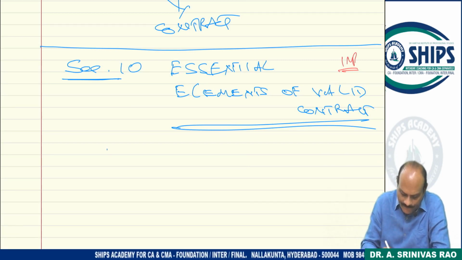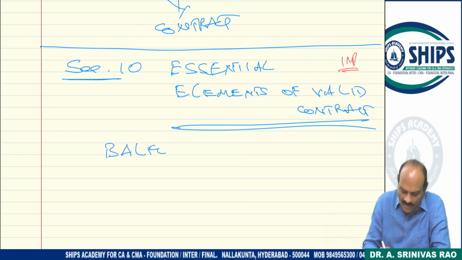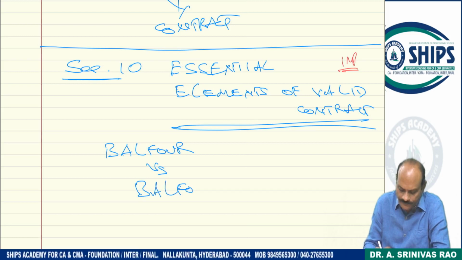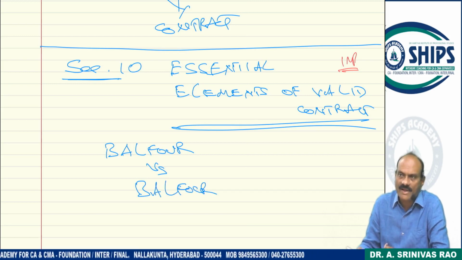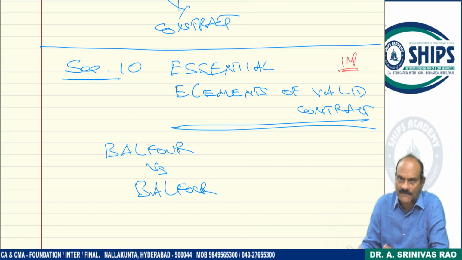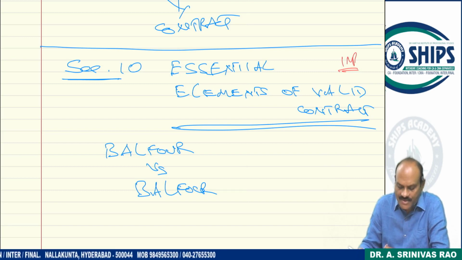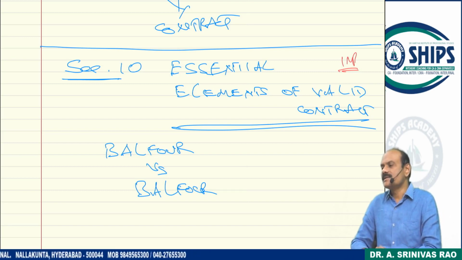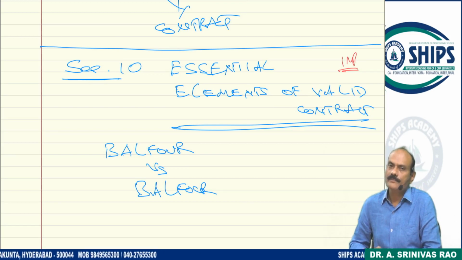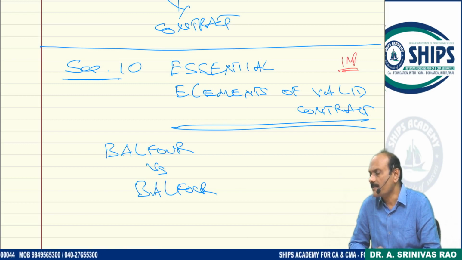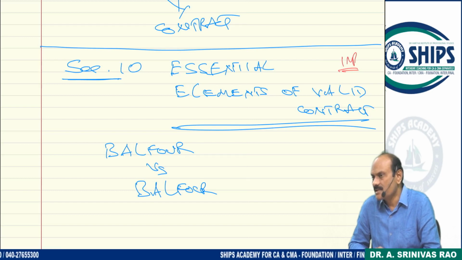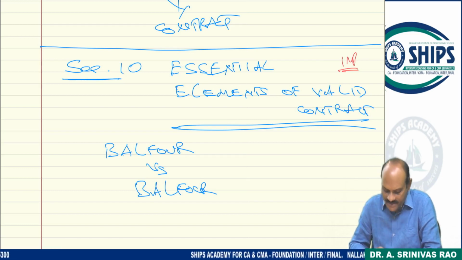Write one case there: Balfour versus Balfour, Mr. Balfour and Mrs. Balfour. Third point, consideration. Fourth one, capacity to contract or competency to contract.